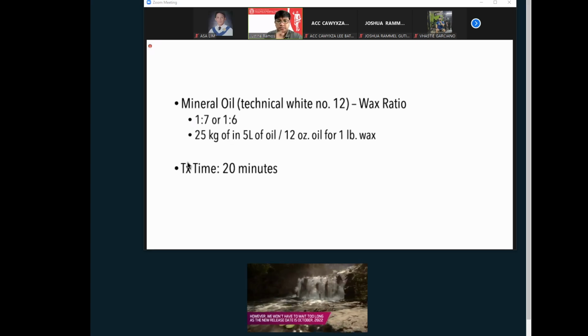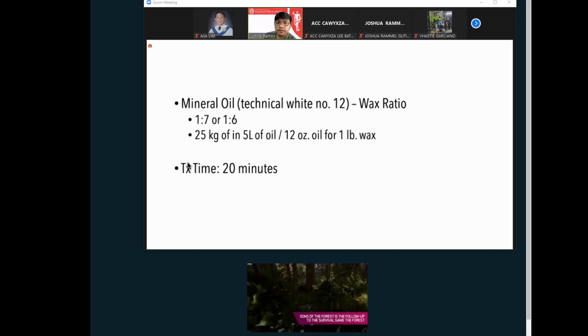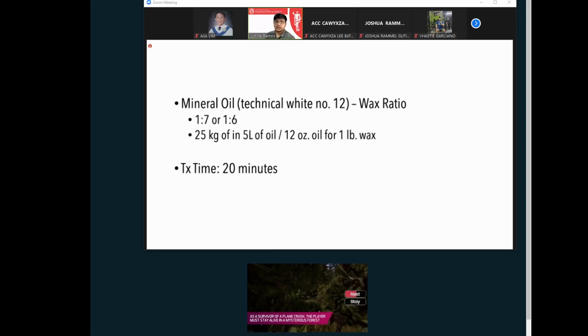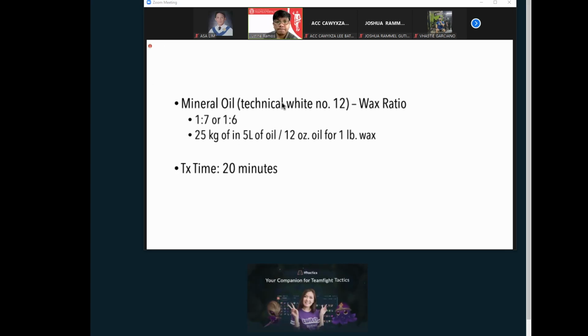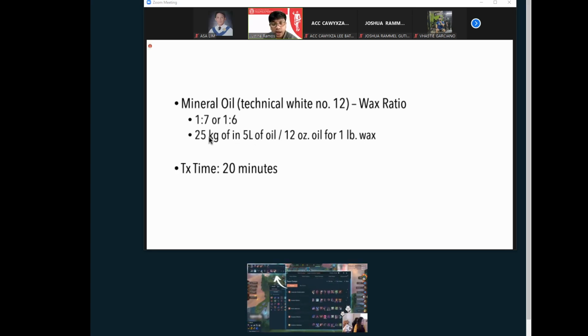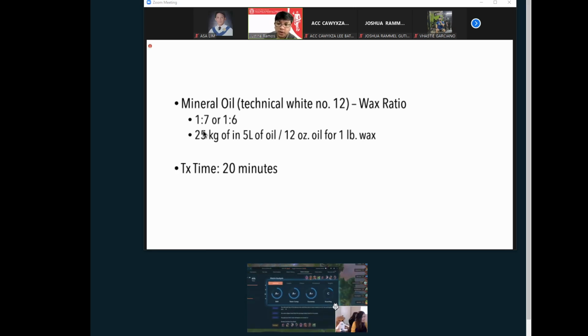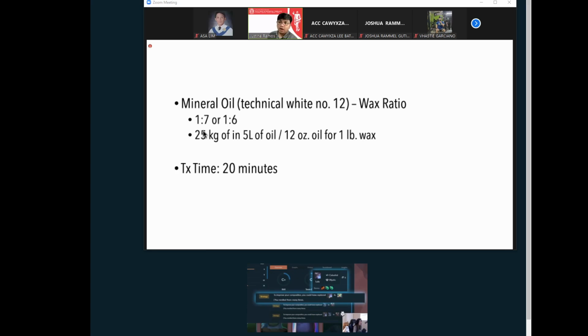Or it is 25 kilograms of wax per 5 liters of oil, or 12 ounces of oil per pound of wax. Okay? Naku, lagi yan tinatanong sa board exam, ha? Itong mga to. What is the ratio of mineral oil and wax? Hindi nila sasabihin yung ratio, but rather the kung gaano kadami. So 25 is to 5 liters or 12 ounces per pound of wax. Okay?